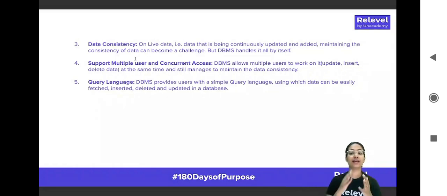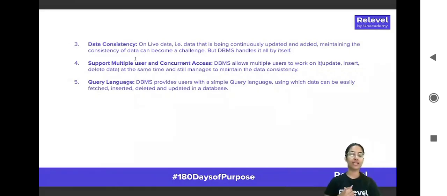And in that scenario, with so much happening at such a fast rate, it's very important that the consistency of data is maintained. On live data, which is continuously changing, it becomes very difficult, and it becomes very important to deal with the consistency.